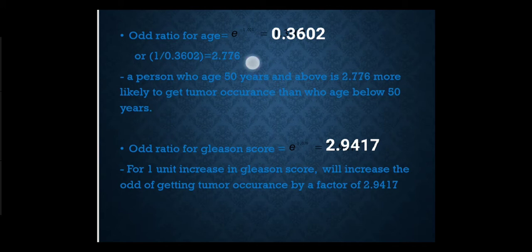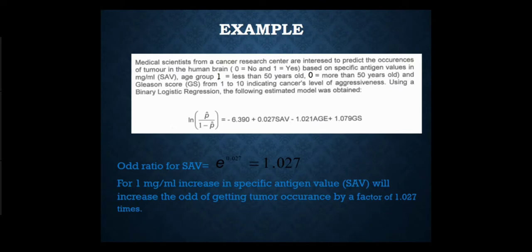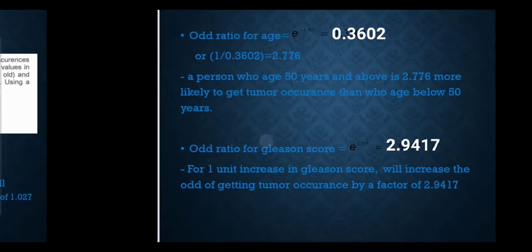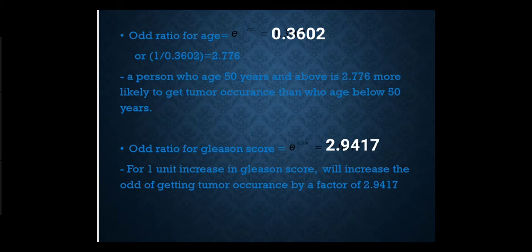We want a value more than 0 for a more meaningful interpretation, so we convert to 2.776. So it will change here as if more than 50 years will be 1. So we interpret on more than 50 years.